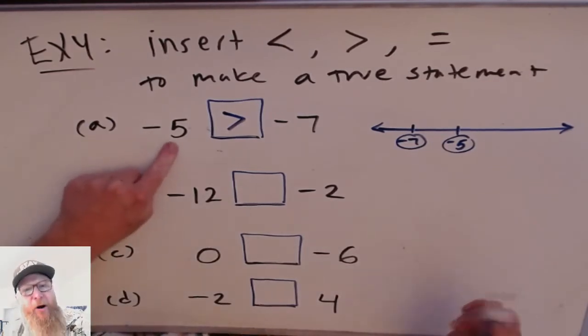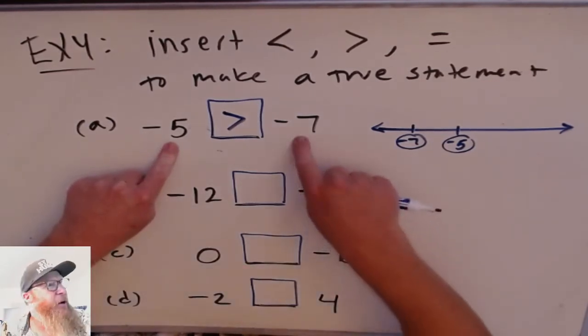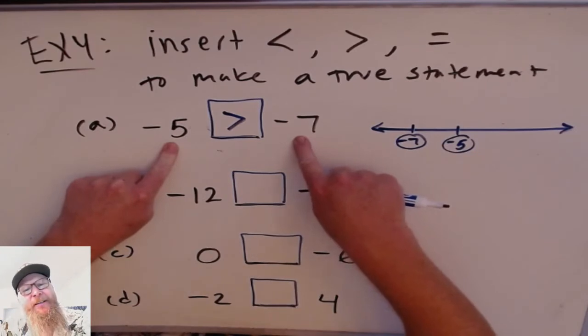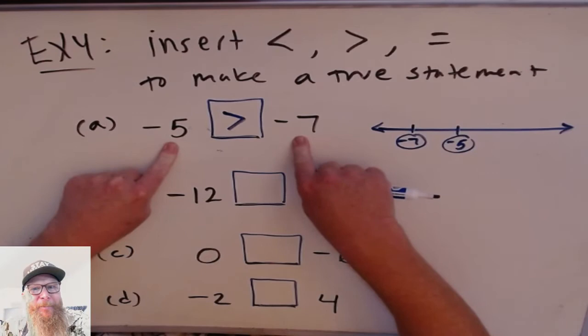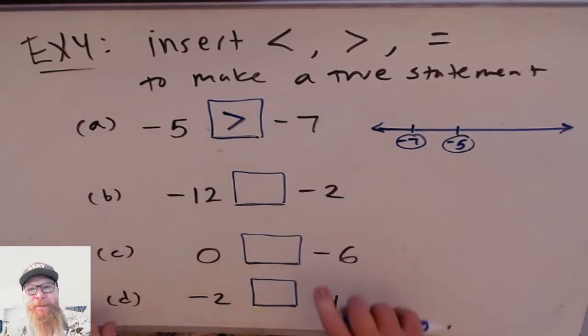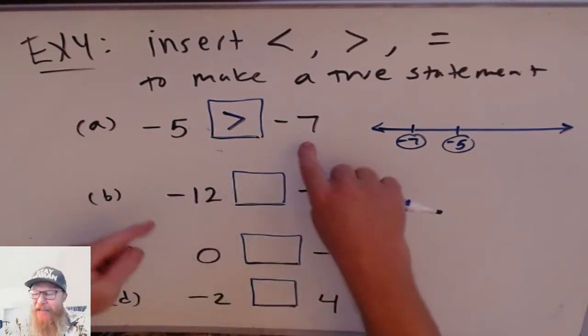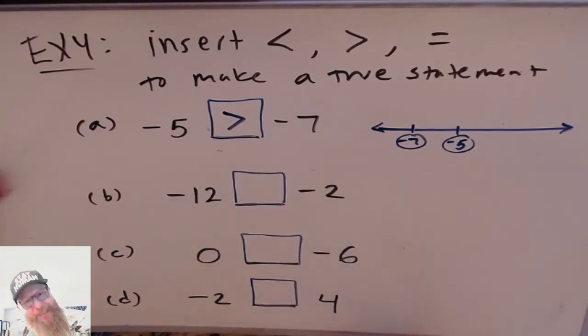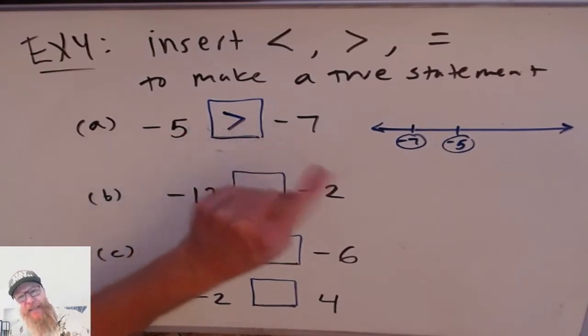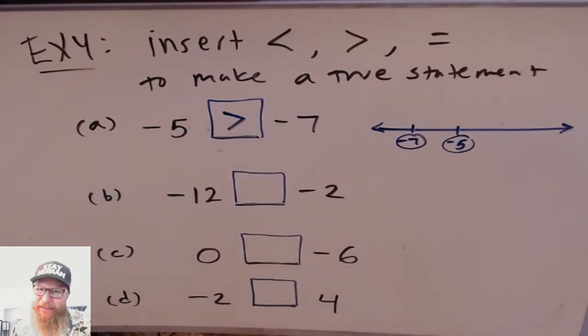I would rather owe you $5 than owe you $7. So which is better? Greater is kind of like better. You could also say that -7 is less than -5, but typically we read it from left to right. So -5 is greater than -7, although you can say it either way.